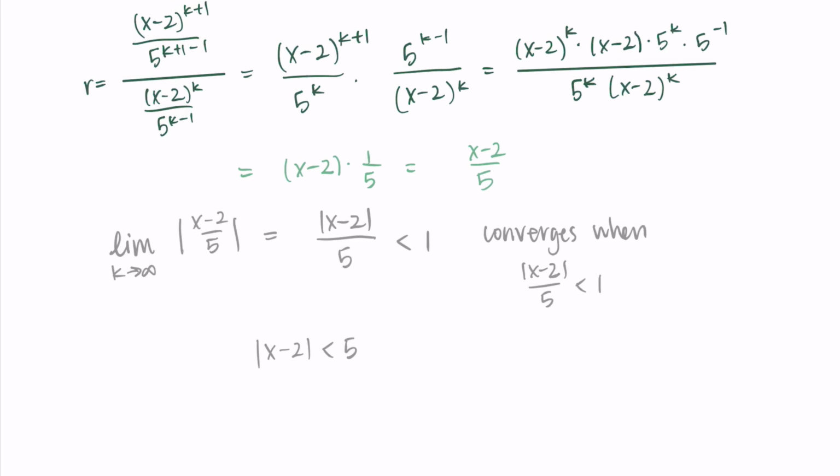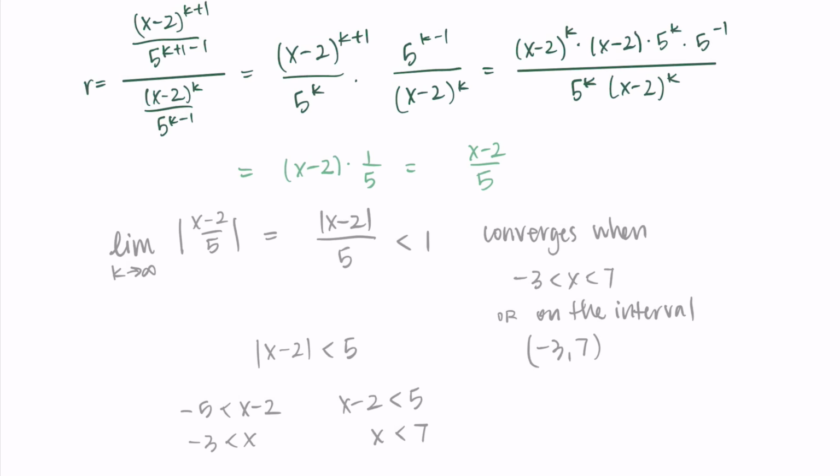So doing this involves solving two separate inequalities. I'm looking at the negative and the positive version of 5. I'm looking at where x minus 2 is greater than negative 5, and where x minus 2 is less than 5. So I'm getting that x is greater than negative 3, and x is less than 7. And so I'm determining that this series converges between negative 3 and 7, which is the interval from negative 3 to 7.